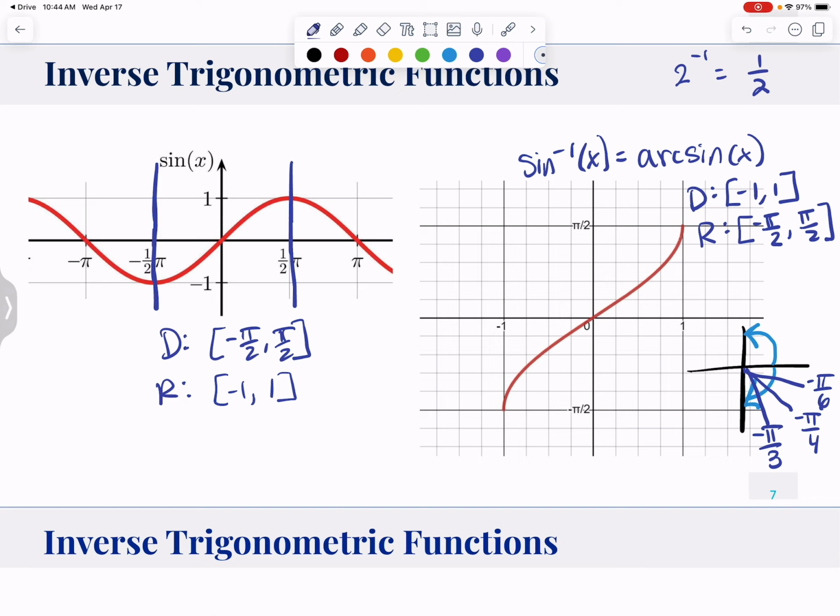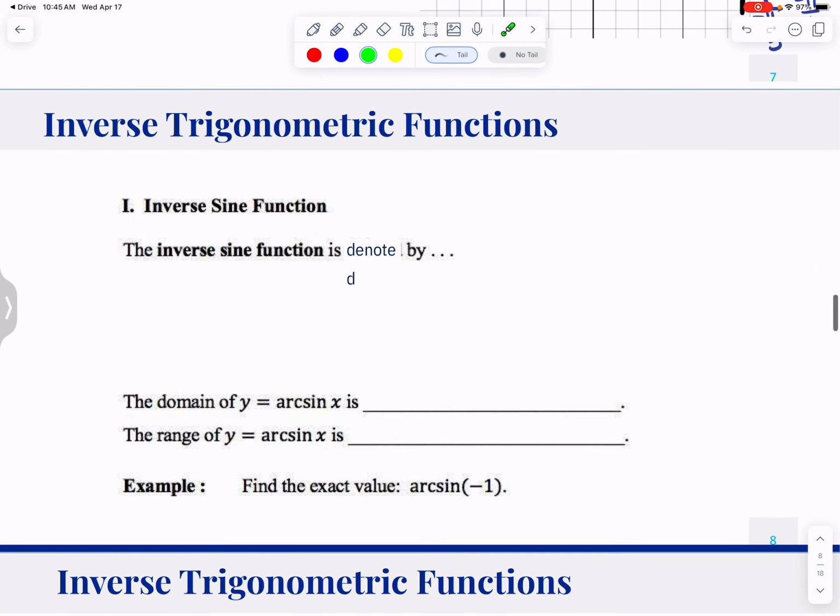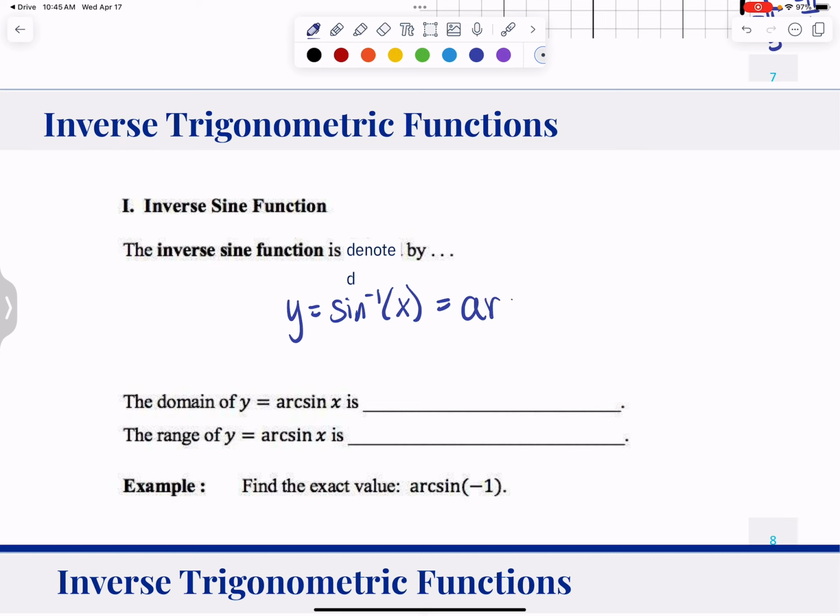Now, of course, there are more solutions to the intersection of the regular sine function because its real domain is much larger than negative pi over 2 to pi over 2. But this range restriction on the inverse is something we're going to have to take into account if we want the unique solutions. So the inverse sine function is denoted by y equals inverse sine or arc sine.